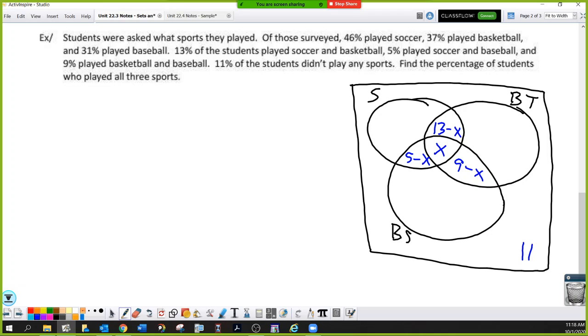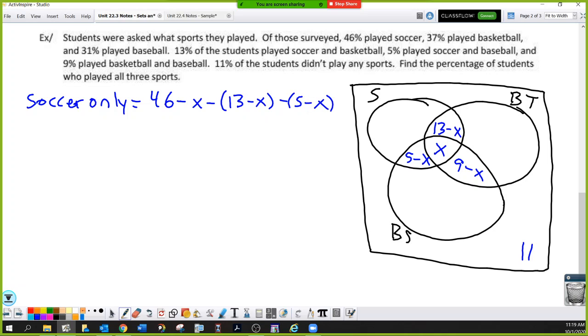Not minus 3x, it's just minus x, because one of those 3 x's is positive. So to figure out what goes in soccer only, I'll write it in words. Soccer only. You would have to do 46 minus the 3 things that you know: minus the x, minus the 13 minus x, and minus the 5 minus x.